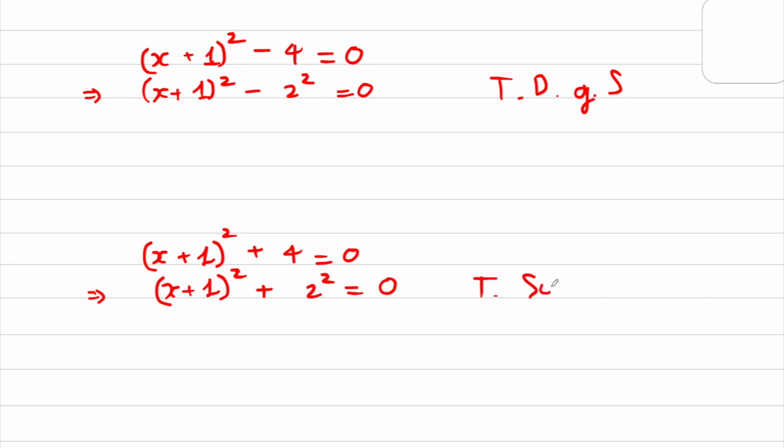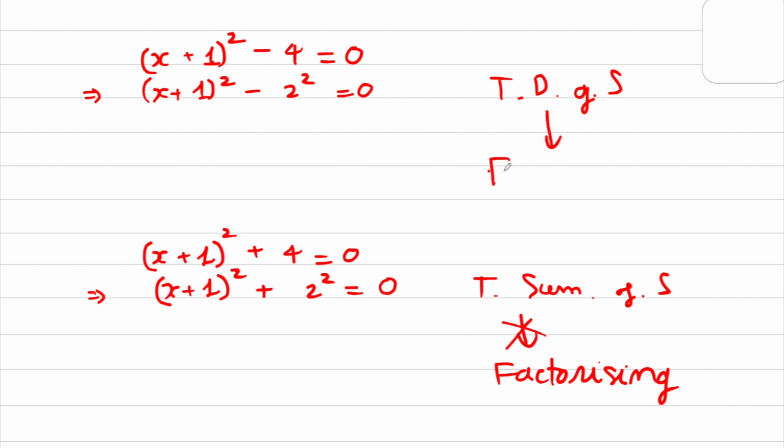Because it is not the difference of squares, you cannot factorize in this form. You cannot factorize this form because we have no formula for the sum of squares. But for the difference of squares, it is possible to factorize.